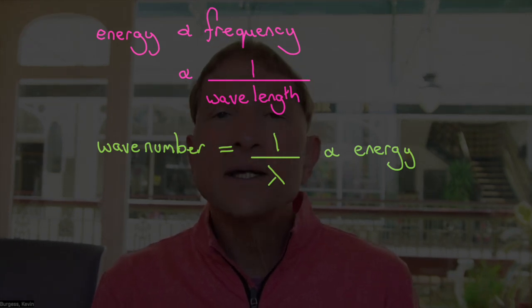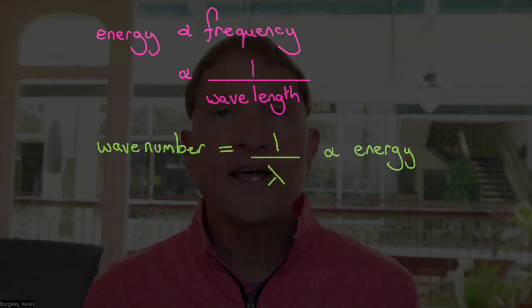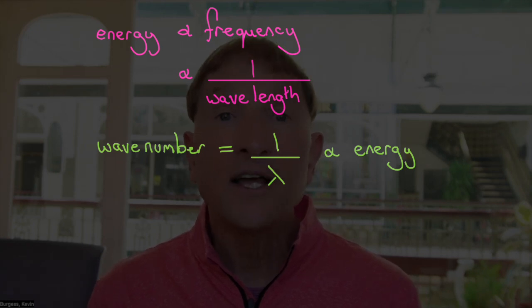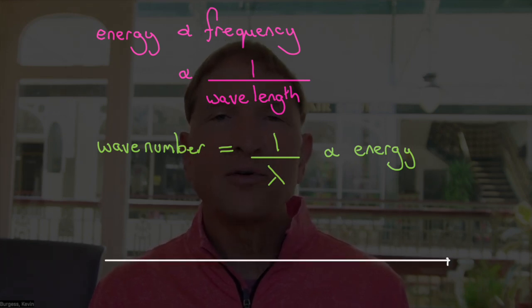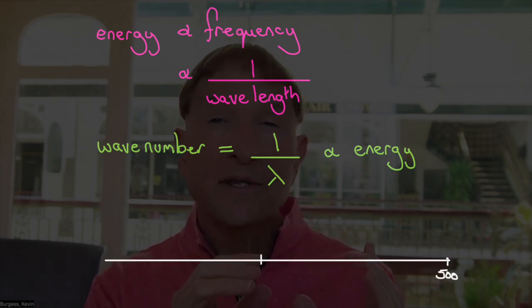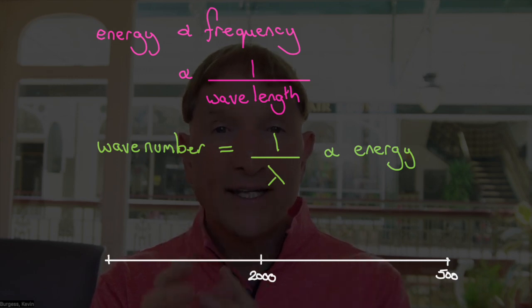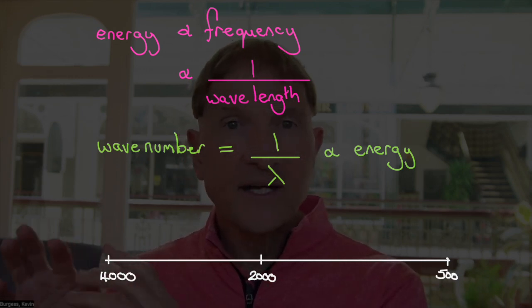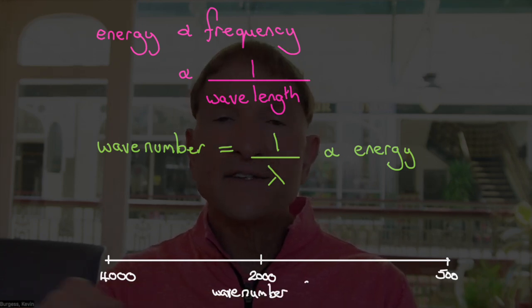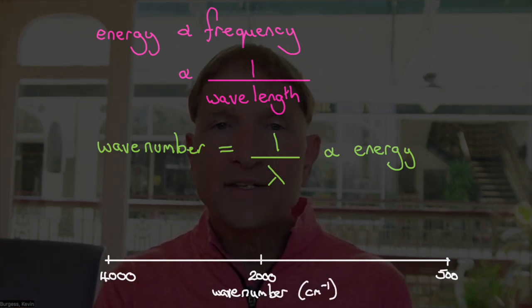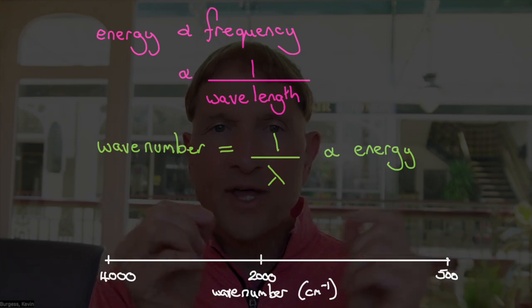Get used to thinking about wave numbers because that's how organic chemists talk about IR vibrations. IR spectra are plotted from about 500 cm^-1 on the right to 4,000 cm^-1 on the left. The scale isn't linear, it's more condensed in the 2,000 to 4,000 region.